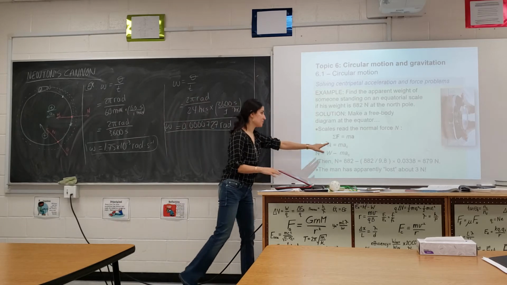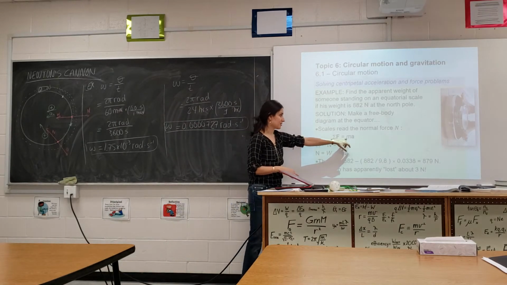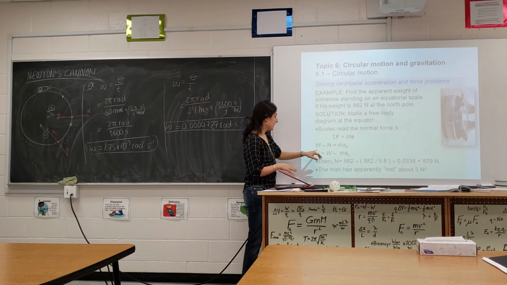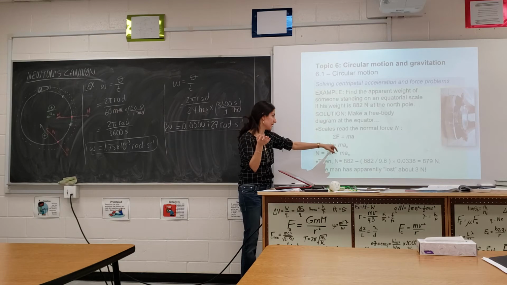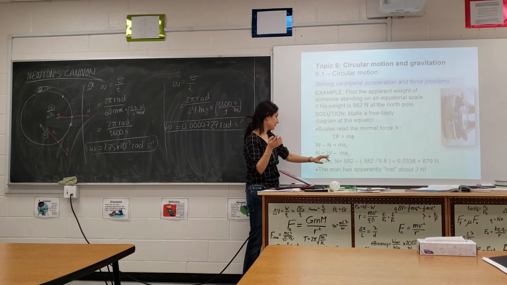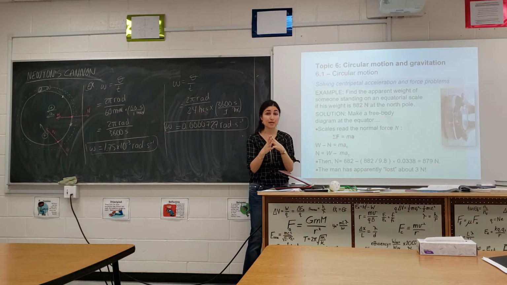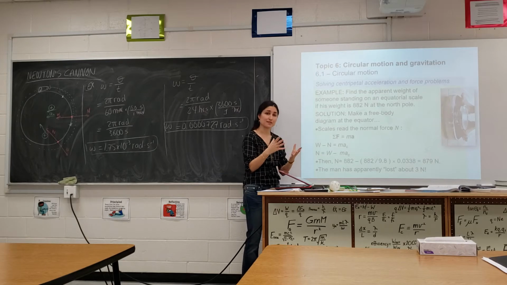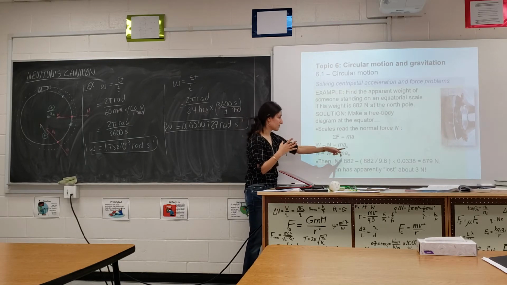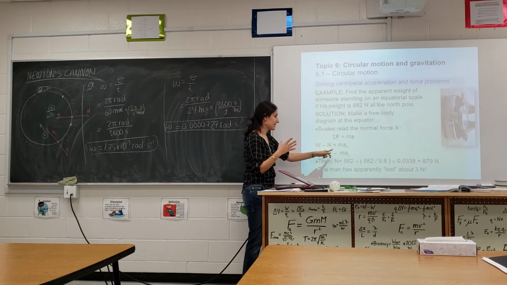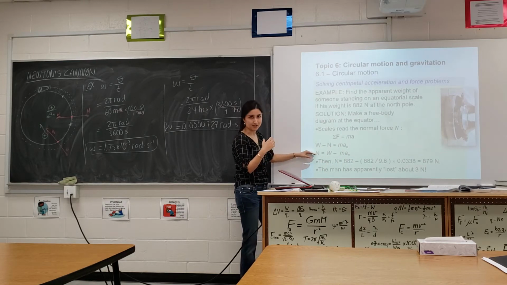Okay, so when we look at Newton's second law, the sum of the forces is equal to m times a. That means weight, which is in the positive direction, minus normal force, since it's in the negative direction, equals m a centripetal. We're trying to find apparent weight. That's the normal force. So rearranging this expression for normal force, minus N goes to the right, positive m a_c comes to the left, and you get this next expression.